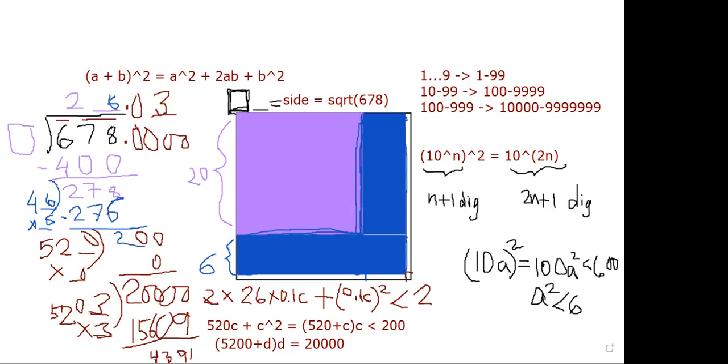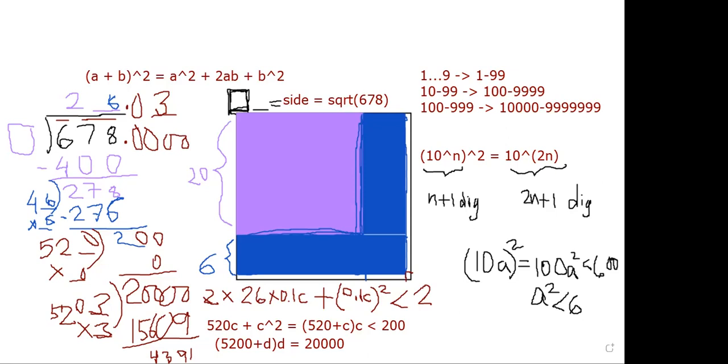Okay, I'll make the homework straightforward. Find the largest square less than 50,000.